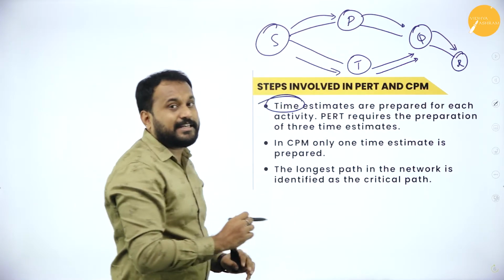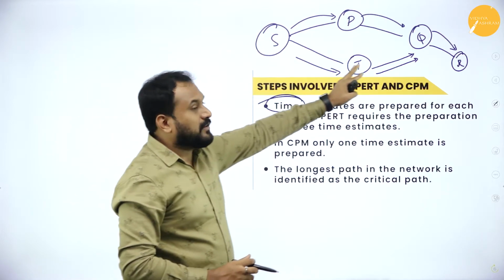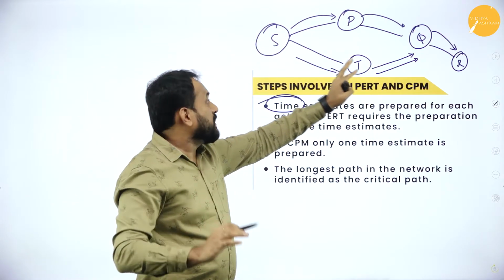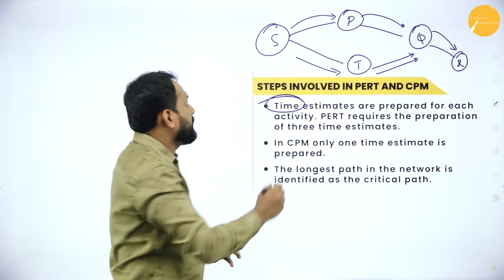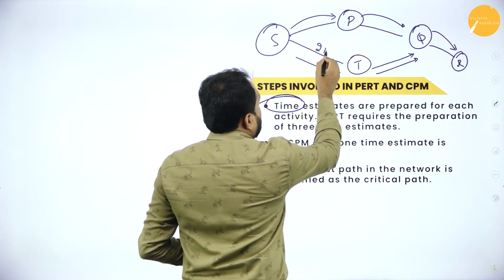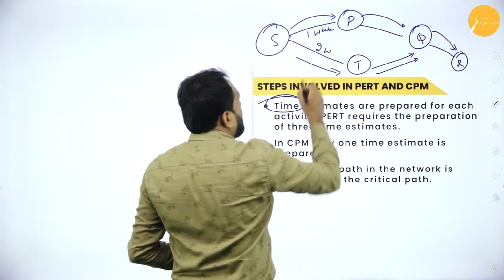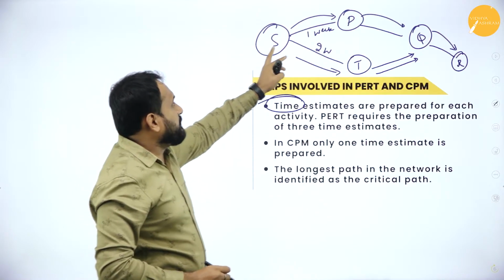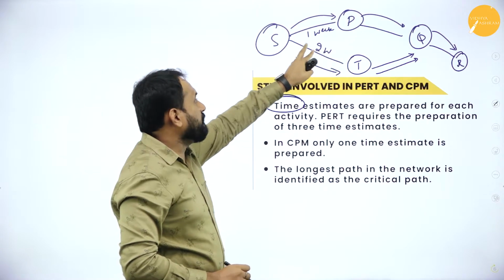What should be estimated? The time. It's not just that when I start something, I'll end it. The question is, when will I end? Here I can finish it within 2 weeks, here within 1 week. From S to P, to finish task P, I'm taking only 1 week.